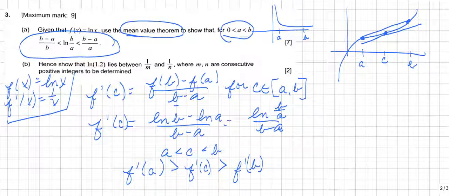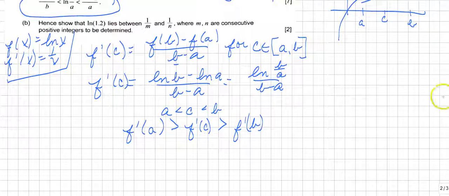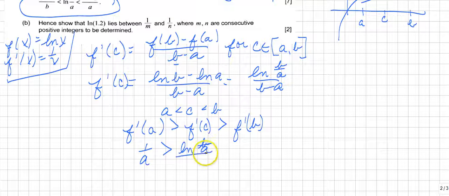Okay, now let's just sub in everything. F prime of a is the derivative at a, which is 1 over a. F prime of c is what I just got a couple seconds ago, which is ln of b over a over b minus a. And f prime of b is 1 over b.